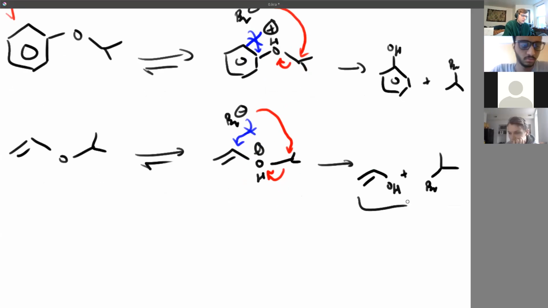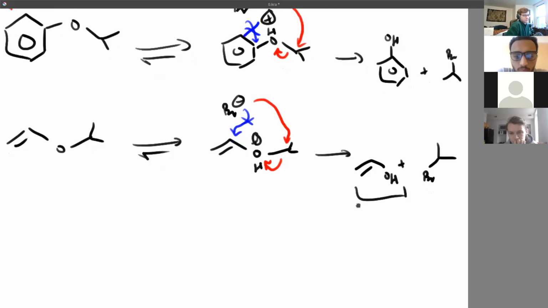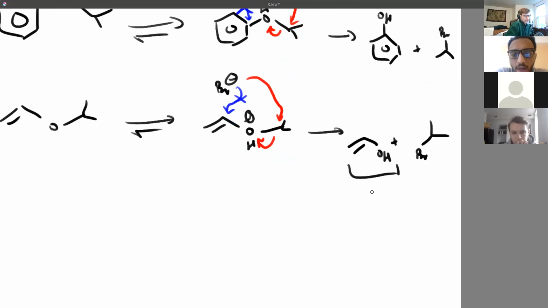Quick question, what happens to this? Anybody remember from Orgo 1? Does it tautomerize? Exactly. Is it acid or base catalyzed? It would be acid catalyzed. Yep.